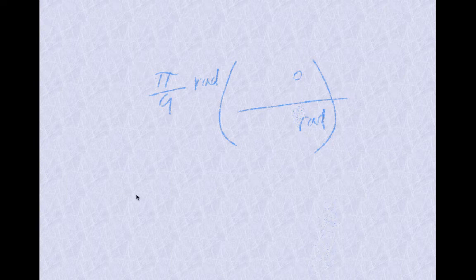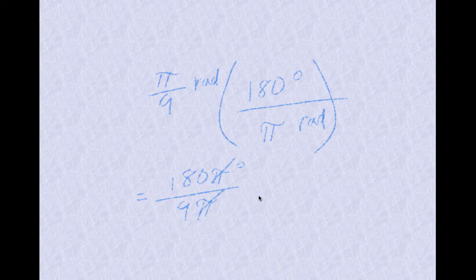The radians cancel, and I have 180 pi degrees over 9 pi, and I get to cancel out the pi's. I could give you a radian measure like 4.892 and not give you a multiple of pi, and then it wouldn't cancel out. But the process is the same. 180 over 9 is 20, so 20 degrees is pi over 9 radians.